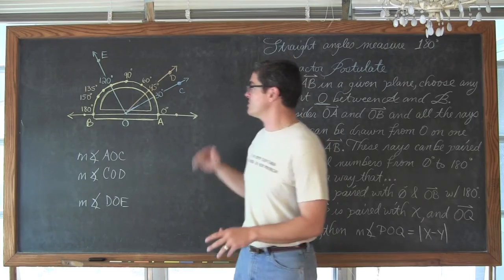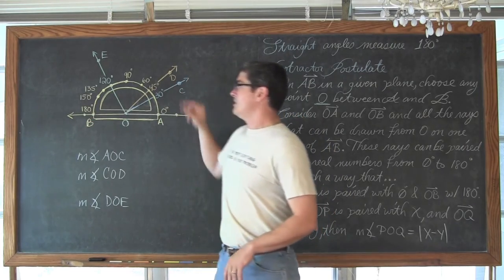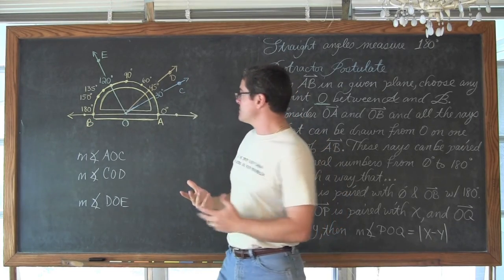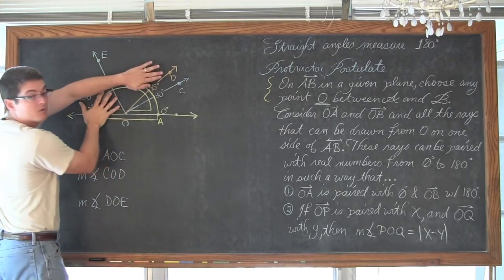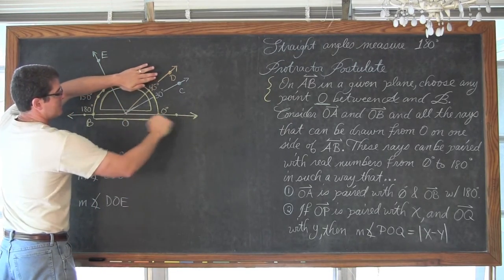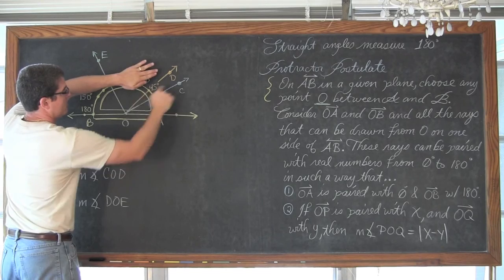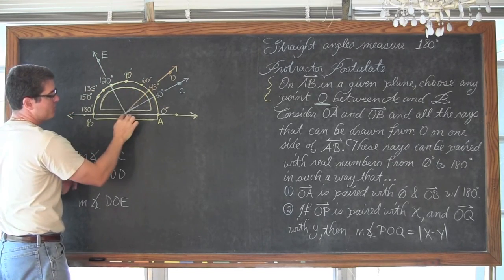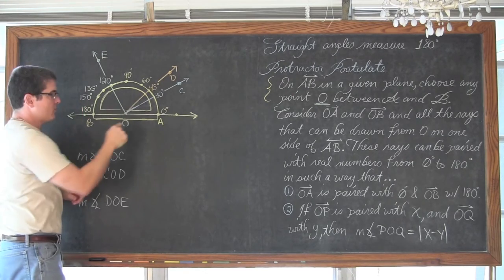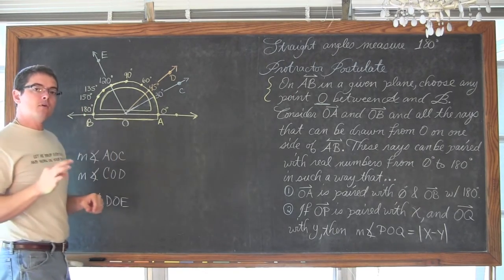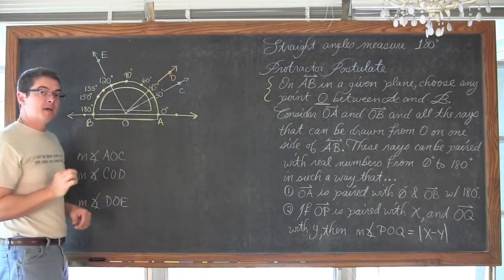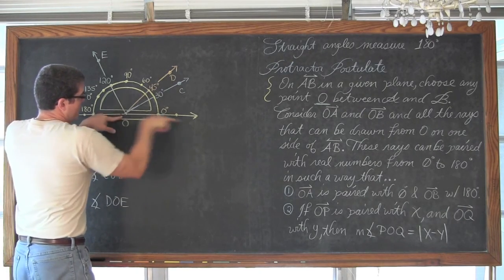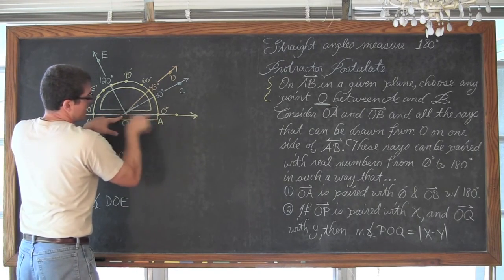So basically what you're going to do is you'll have an angle drawn. I can cover all this up, maybe just focus on ray OA and OC. You would put the protractor down on that angle so that the hole in the protractor is over point O, the vertex, and you're going to line up ray OA so that that side of the angle goes through.